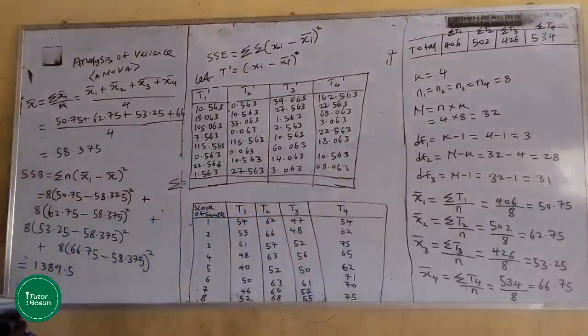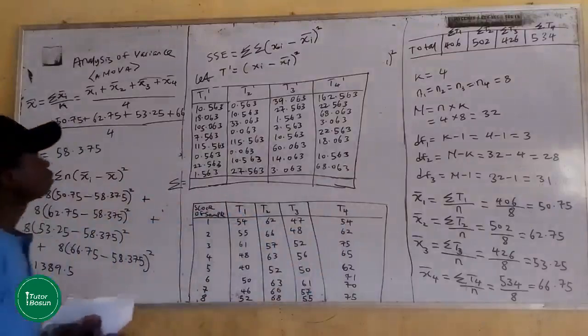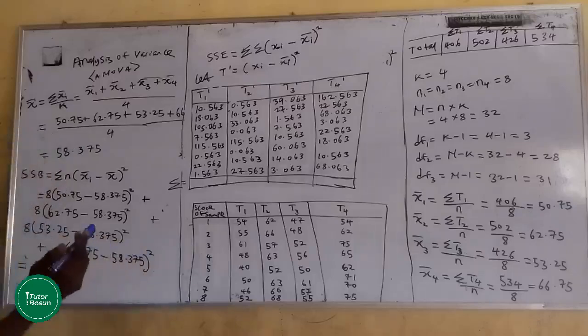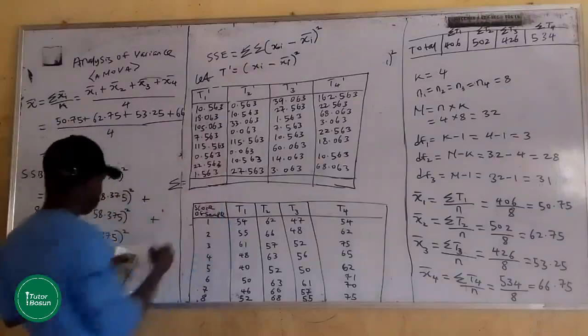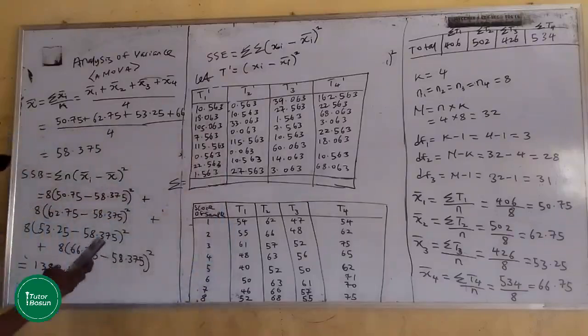So we are going to conclude all our squares of errors. We are left to sum the squares of errors. So let's start summing everything together.